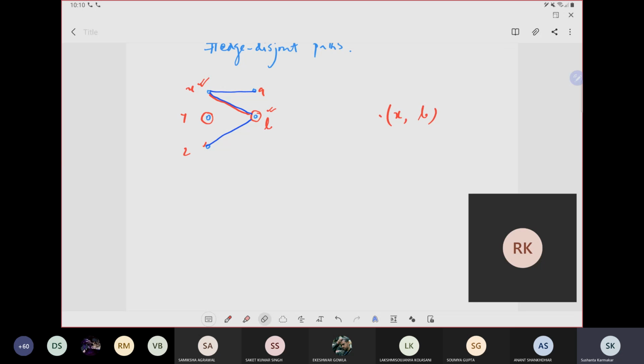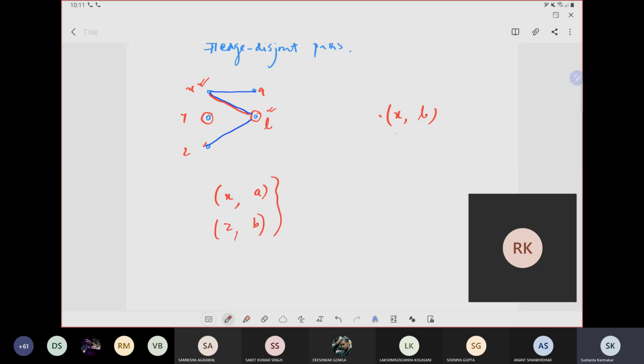So if I take XB, then I cannot increase my matching further. But suppose I can have an alternate matching like XA and Z comma B. This matching is okay.